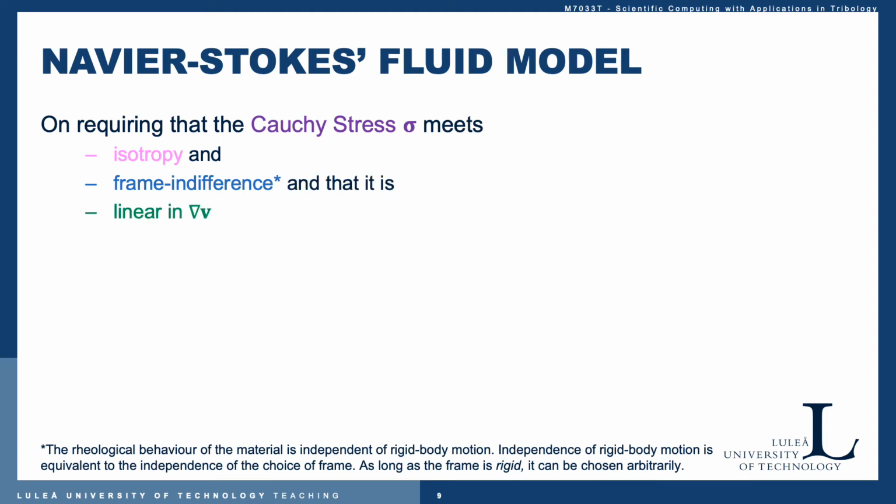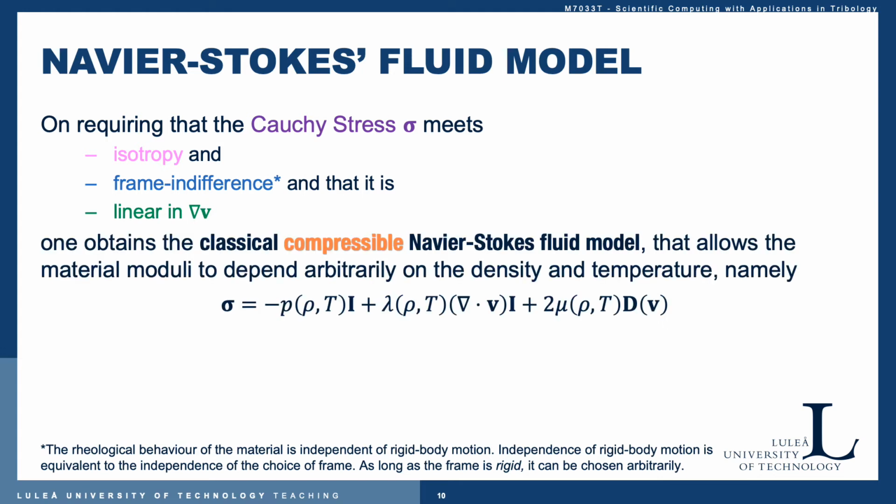The third requirement or assumption is that the Cauchy stress is linear in the gradient of the velocity. And under these requirements, we obtain the classical compressible Navier-Stokes fluid model, which allows the material moduli to depend arbitrarily on density and temperature.